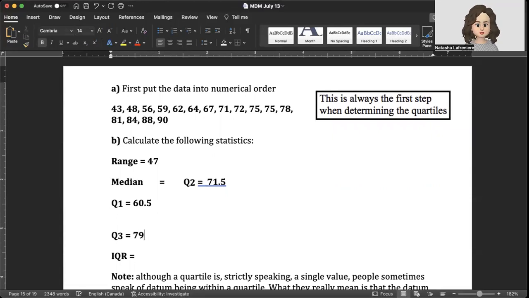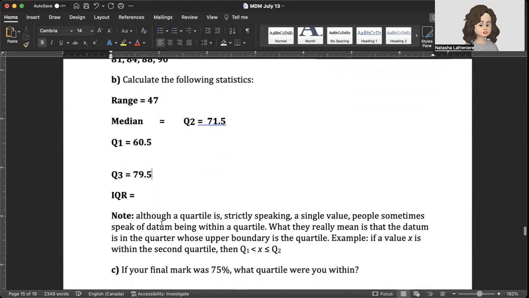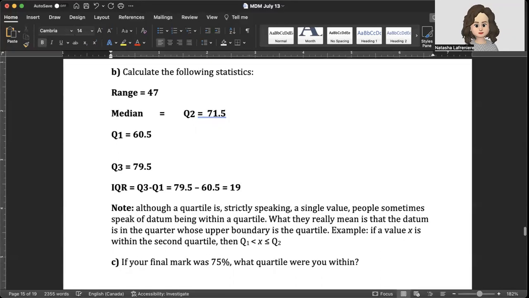And the same thing goes for Q3, which is the upper half, and so you'll do the same thing. And your interquartile range is your Q3 minus your Q1. So we do 79.5, take away 60.5, which is 19.